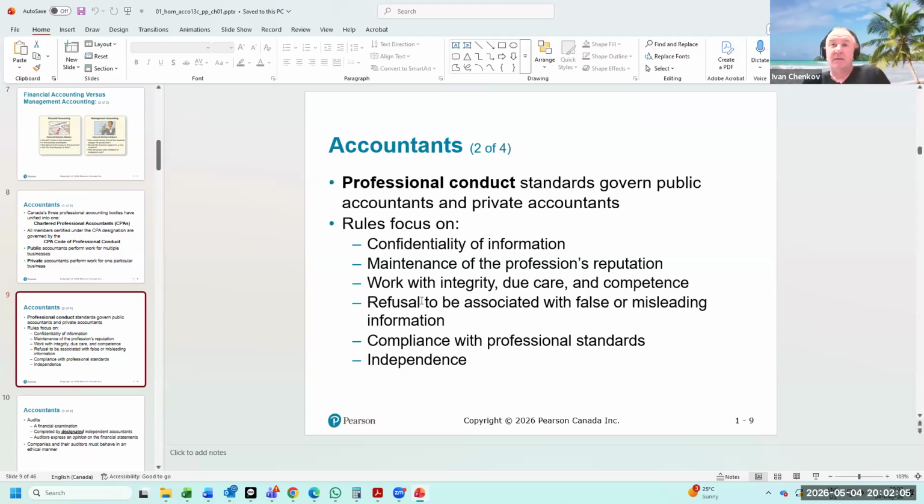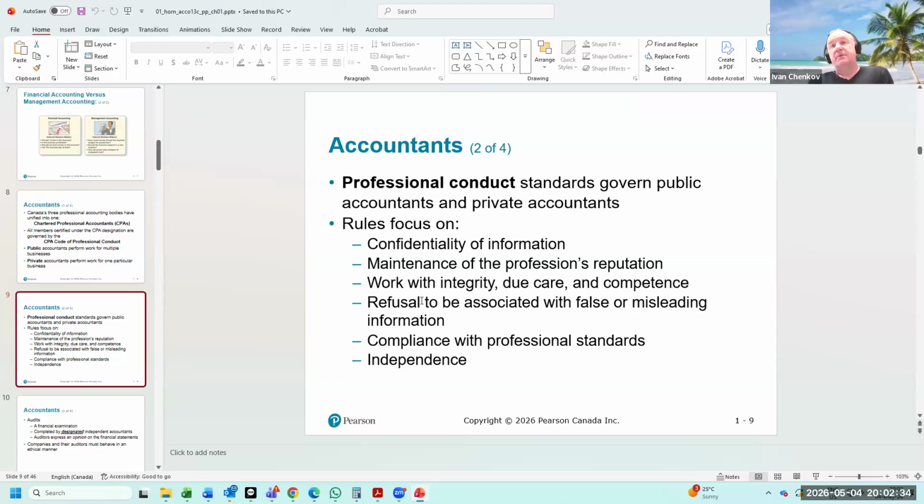Next thing is, as an accountant, we have to maintain our professional reputation. That means we're not doing harm to people, and we always keep a certain way of thinking and a way of doing things in order to maintain our reputation. We have to work with integrity, due care, and competence.